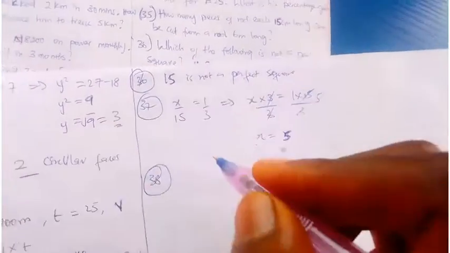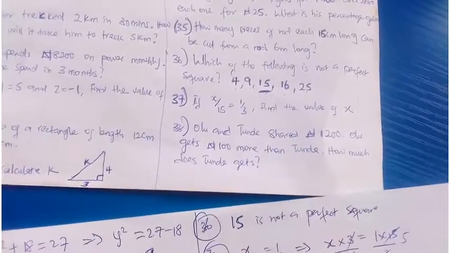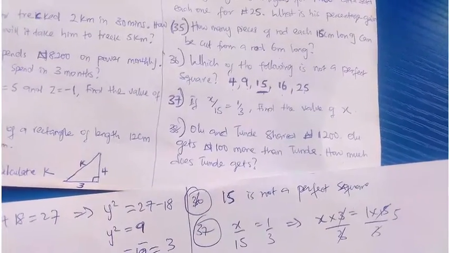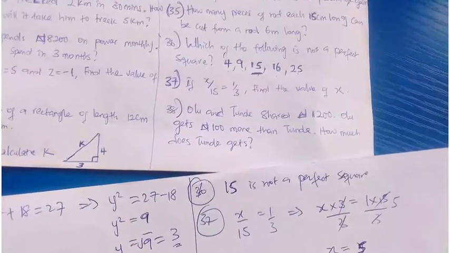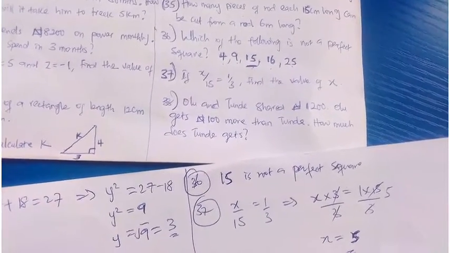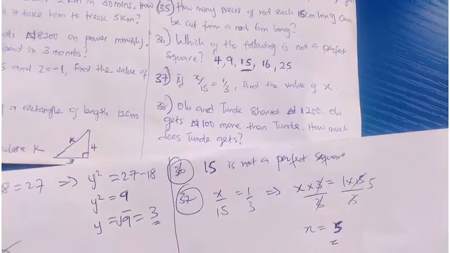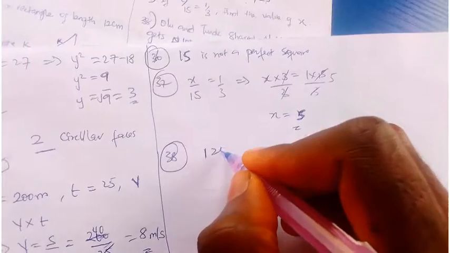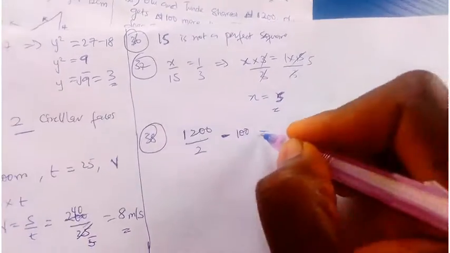Very simple. The next question says that Olu and Tunde share this. Olu gets this more than Tunde. How much does Tunde get? So as we did before, Olu gets this more than Tunde. How much does Tunde get? So as I said, we're going to say 1,200 over 2 minus 100. In that case, what do I have?